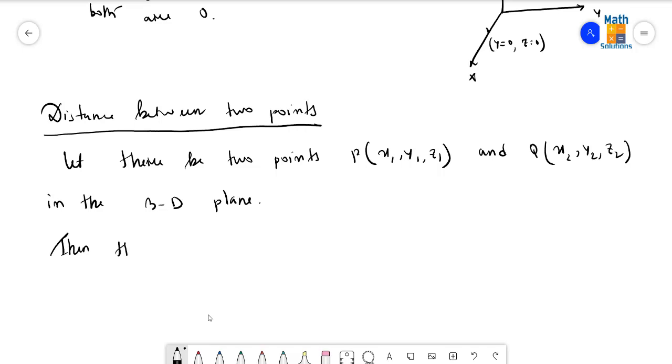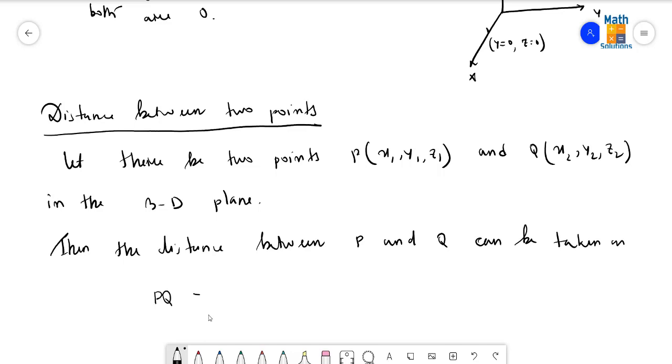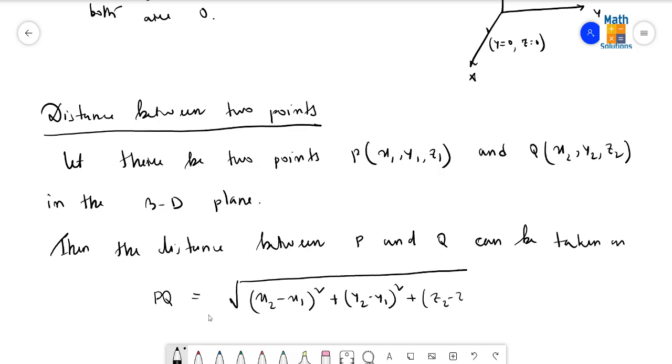Then the distance between P and Q can be taken as PQ equal to square root of (x2 minus x1) whole square plus (y2 minus y1) whole square plus (z2 minus z1) whole square.